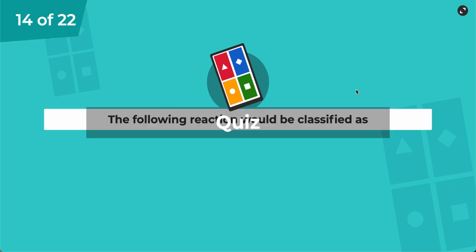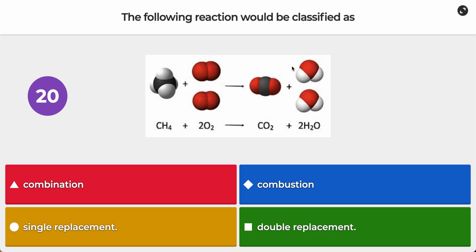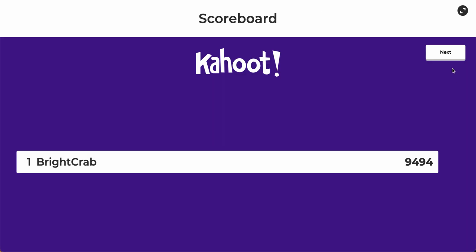All right, next up, the following reaction would be classified as. All right, so in this one we have methane reacting with oxygen to form carbon dioxide and water. Well, this one we can look and we see, hey, our products are CO2 and H2O, so that's a hint. And then we see that our reactants are a hydrocarbon and oxygen, meaning that this is a combustion reaction.